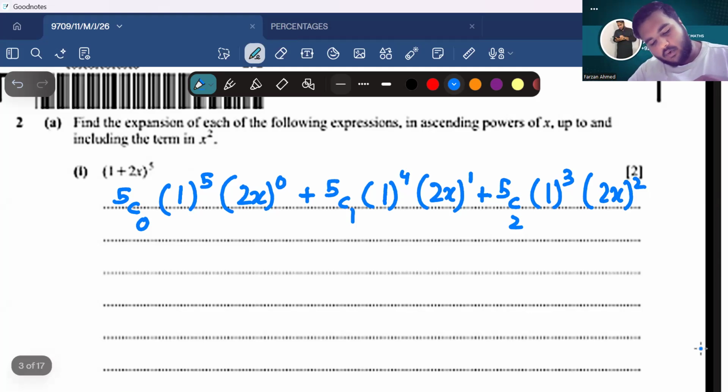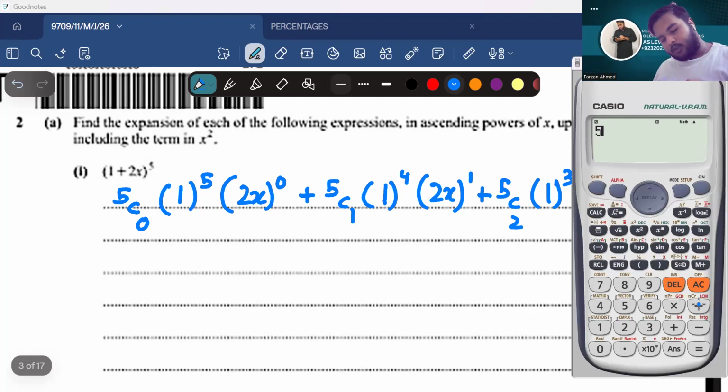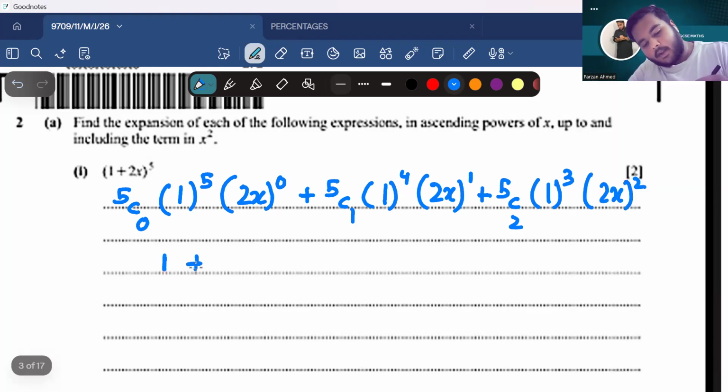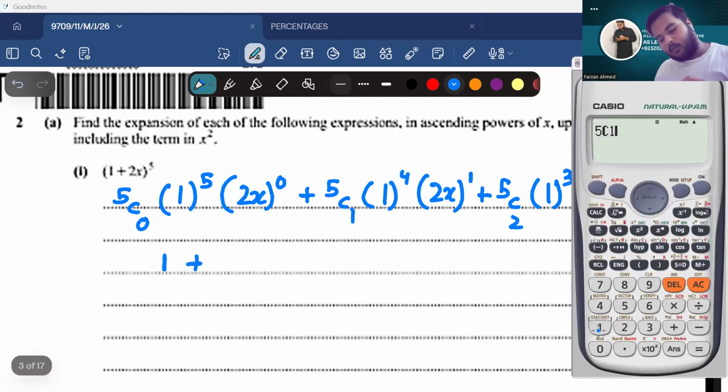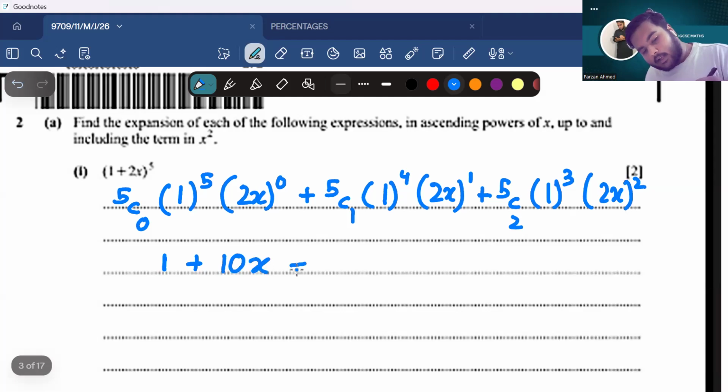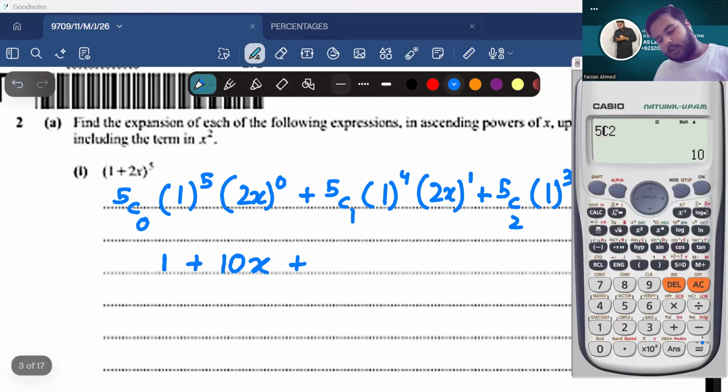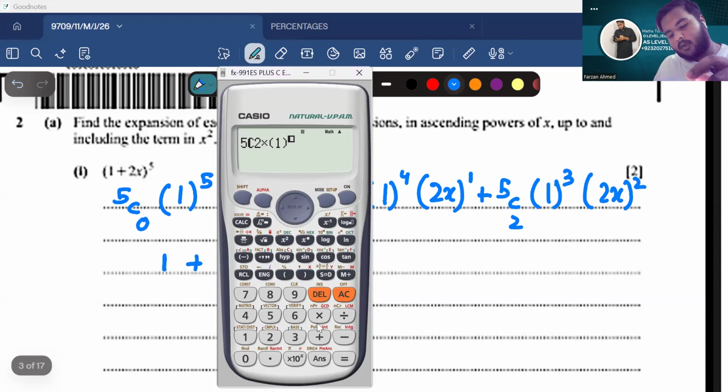So 5C0 into 1 raised to power 5 gives 1, plus 5C1 into 1 raised to power 4 into 2 raised to power 1, so we got 10x, plus 5C2, which is 10, into 1 raised to power 3 and into 2 raised to power 2, which is 4.